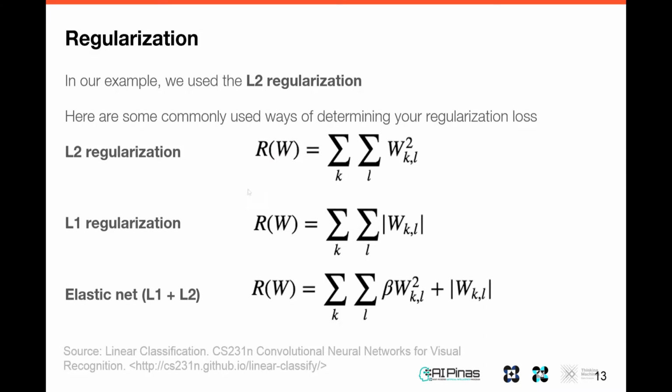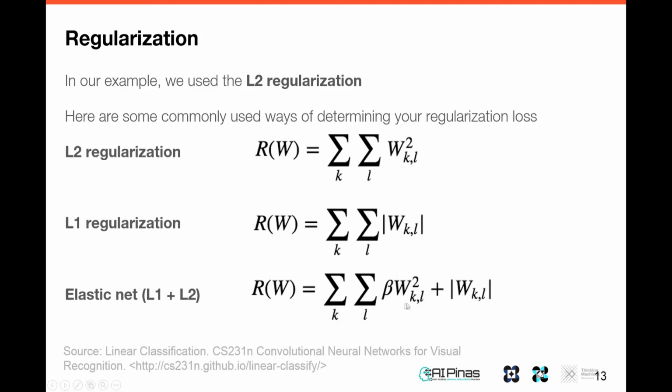So in our example, we used something called L2 regularization, and that is because it's a default regularization method for a lot of machine learning libraries. There's also L1 regularization, which takes the absolute value of the values of W instead of the value squared. And there's also ElasticNet, another pretty common one you'll see.